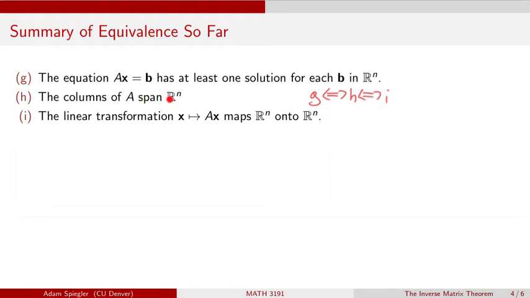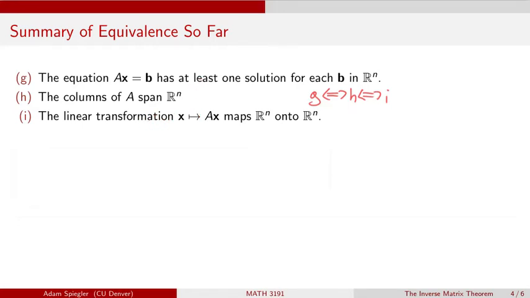If A spans Rn, then essentially by definition, this means AX equals B has at least one solution for each B in Rn. And if statement G is true, then that means that this transformation maps onto all of Rn. Since for any B in Rn, we can find some X, some pre-image of this map, which gets mapped onto B. And similarly, this implication goes both ways.